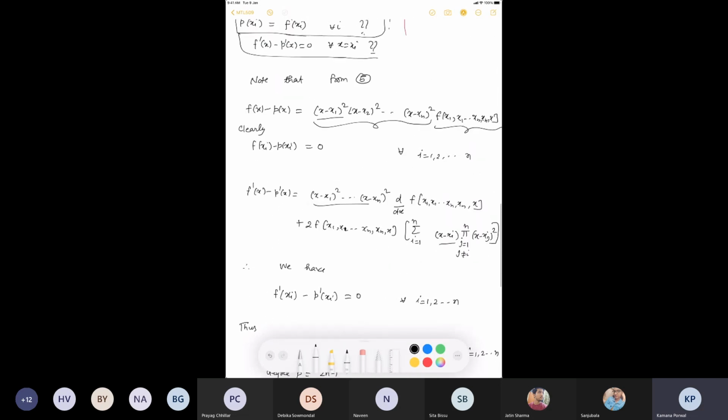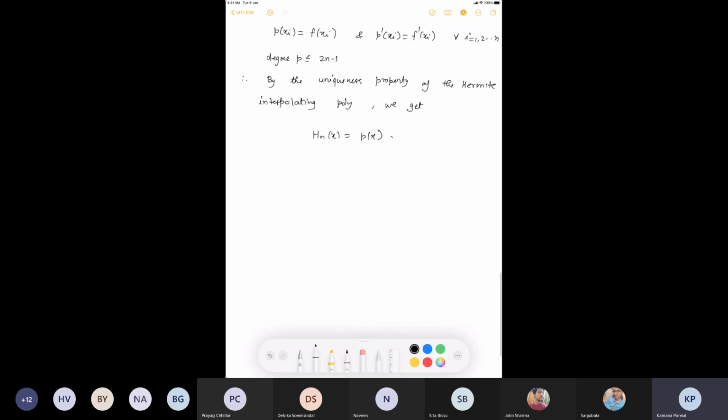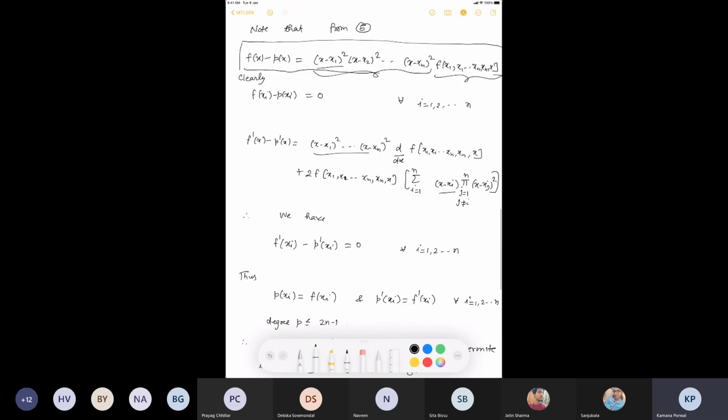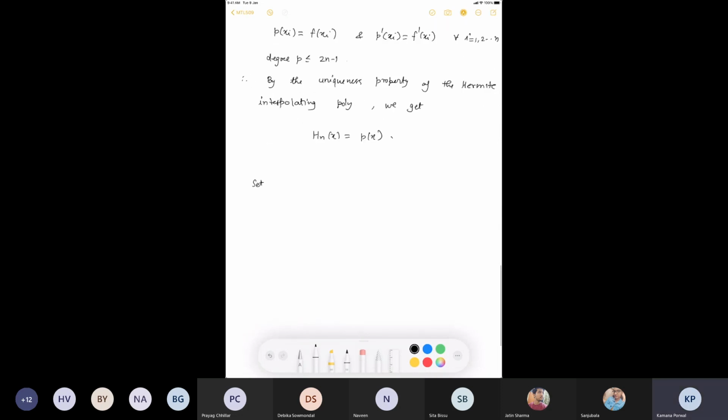So let's just simplify one more thing here. We have obtained the interpolation error also, right? So this is the Hermite interpolation error. Let's try to simplify it further. So let me introduce this notation psi_n, which we have used before also, which is nothing but this polynomial (x minus x1)(x minus x2) up to (x minus xn).